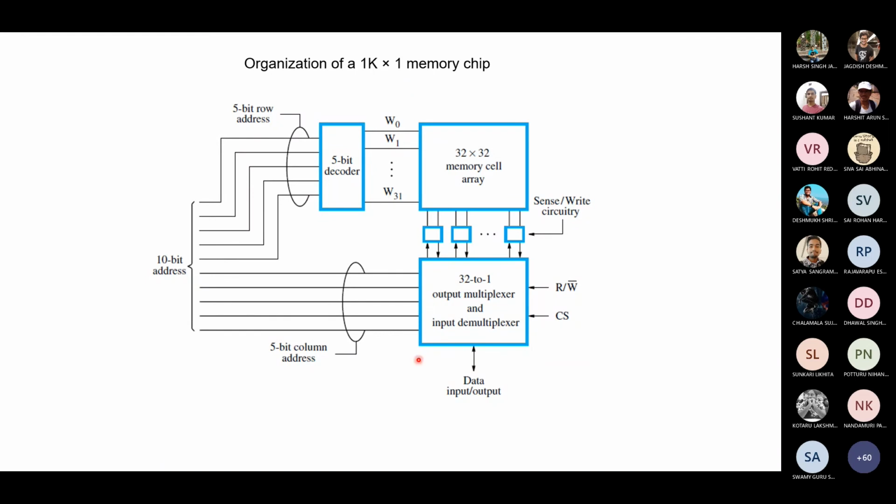Only thing is that the width of the input output lines will be changing. That means the OR gate at the end of the multiplexer needs to be changed, or more number of OR gates may be required, but the selecting the lines, that logic remains the same.